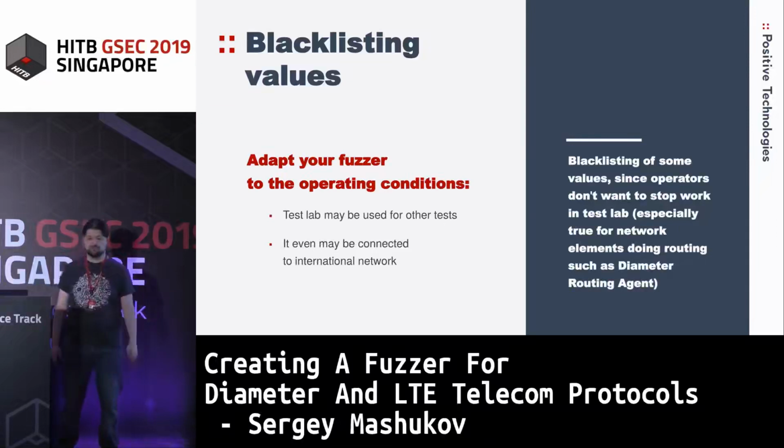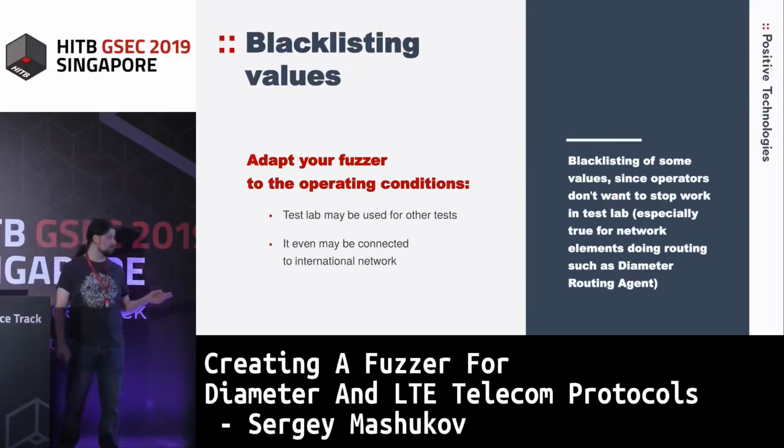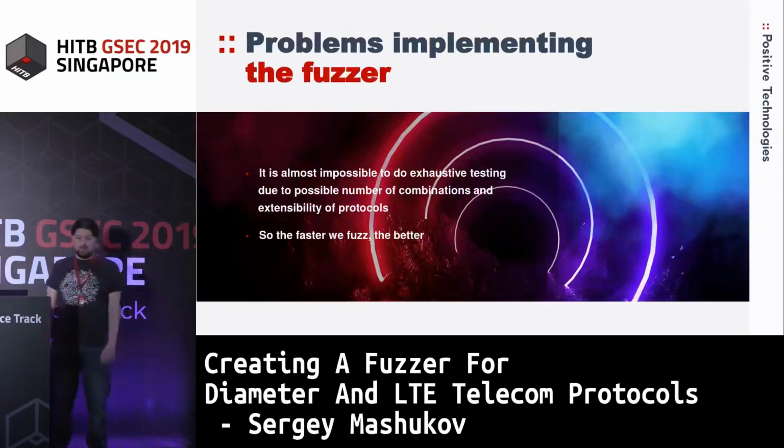So the solution for that is blacklisting some of the values. This allows performing tests at the same time as the test lab is used in usual tests. Sometimes it helps, sometimes it doesn't, but you have to do this. So what are other problems implementing the fuzzer?